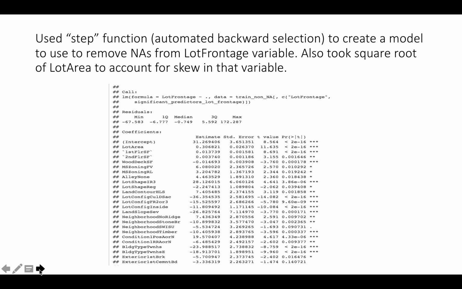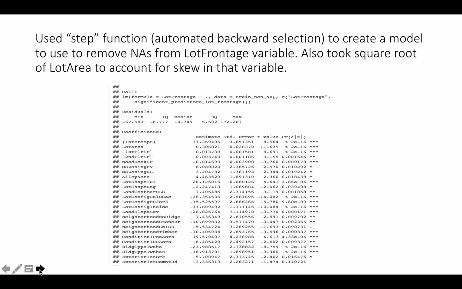And so I used this function to remove NAs from the lot frontage variable, where I modeled lot frontage against the other variables, and you get things like lot area is correlated with lot frontage, first and second floor square feet. I also found some other people online in this competition were taking the square root of lot area. So since it's so skewed, you can account for that skew and then better model the lot frontage, which is very correlated with the lot area.